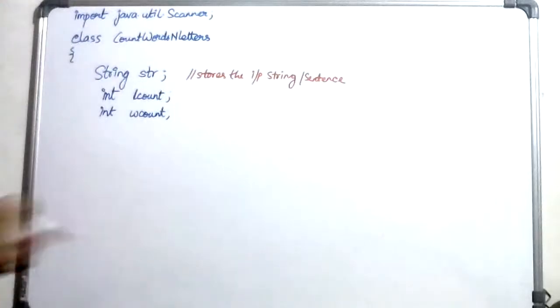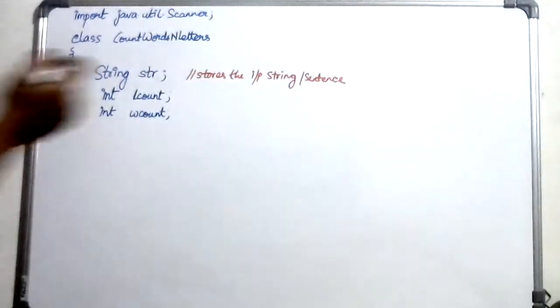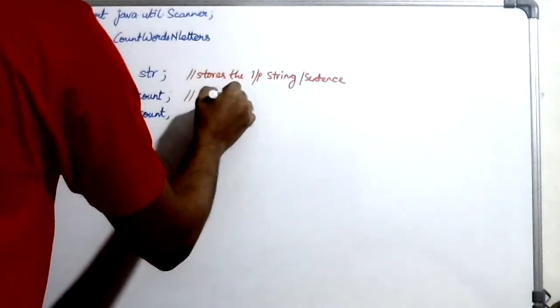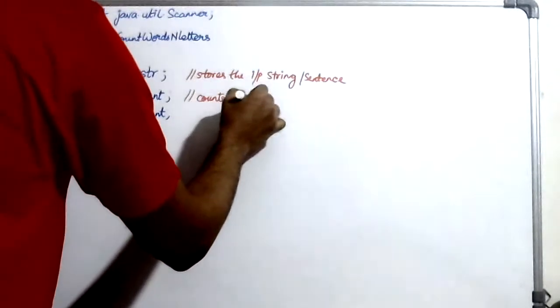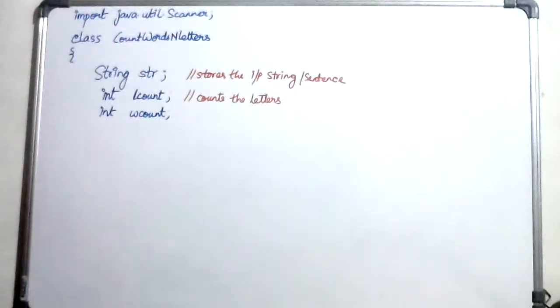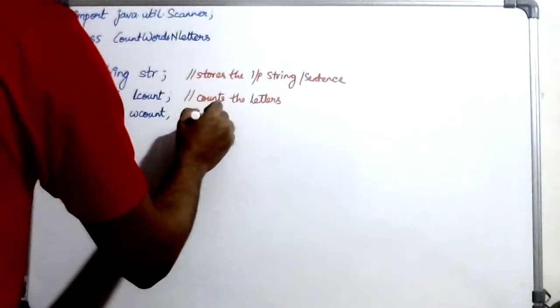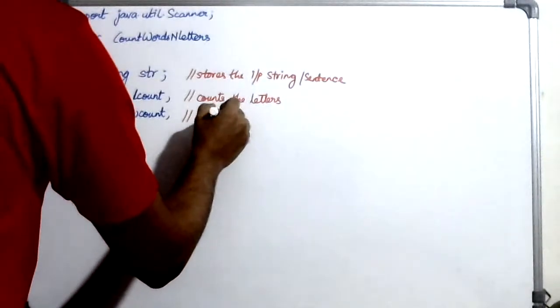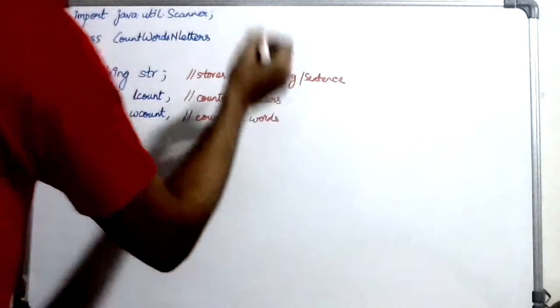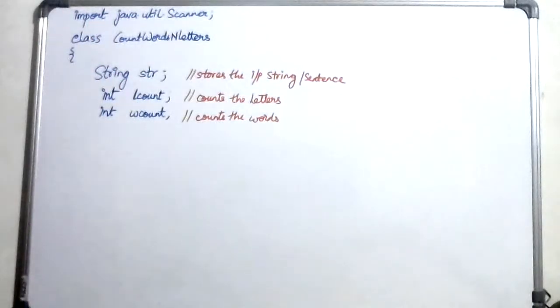So the str variable basically stores the input string or sentence. L count variable counts the letters. W count variable counts the number of words. Let's proceed with our program.